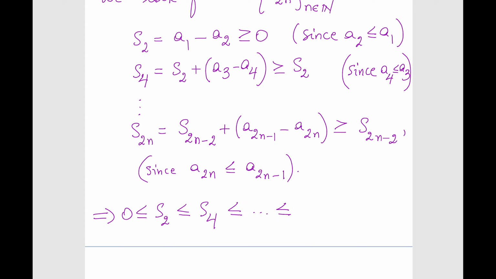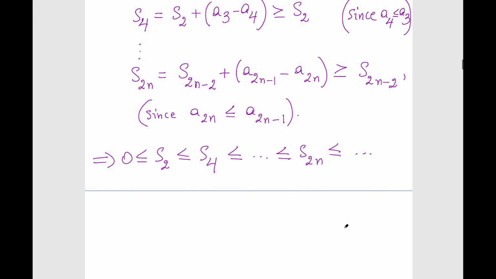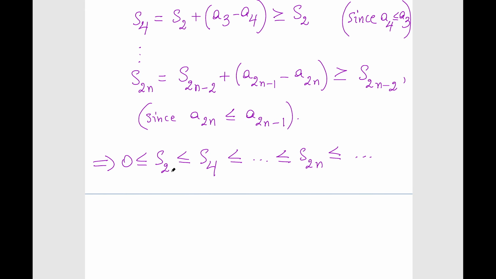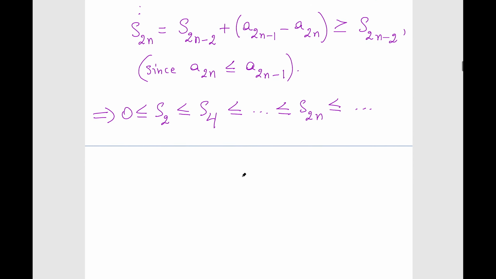And at the end of the day, this sequence is non-decreasing, and that's going to keep going like this, right? Okay. So this is a non-decreasing sequence. If we show that it's bounded above, then by the monotonic sequence theorem, this must be a convergent sequence. Correct? So let's show that it's bounded above.